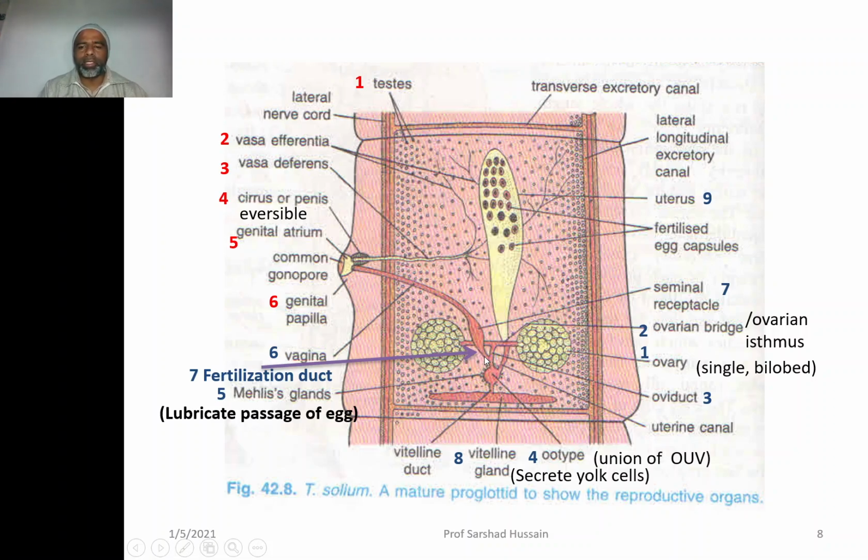Then the fertilization duct as well as the oviduct will slightly go downward and meet a structure called the ootype.